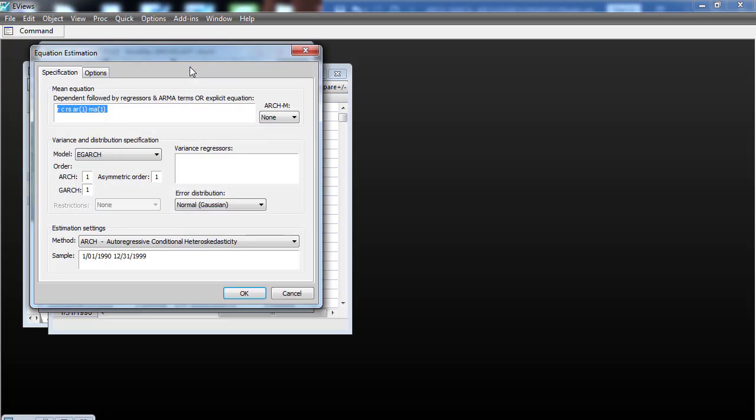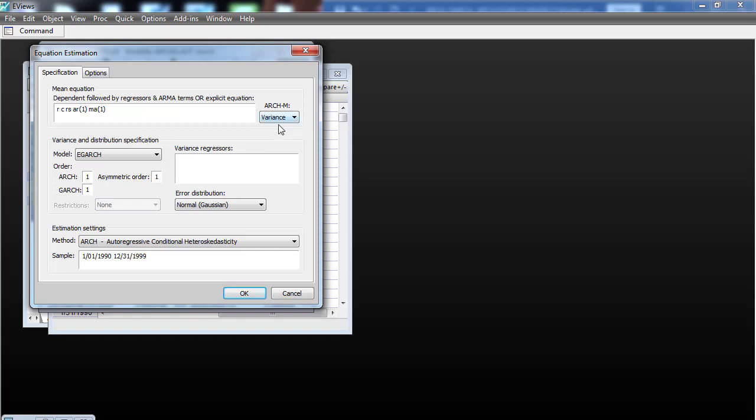I'll go to Estimate, and then to the equation, and here we can put variance, because we want to see the GARCH effect, positive or negative, which is beta 3.